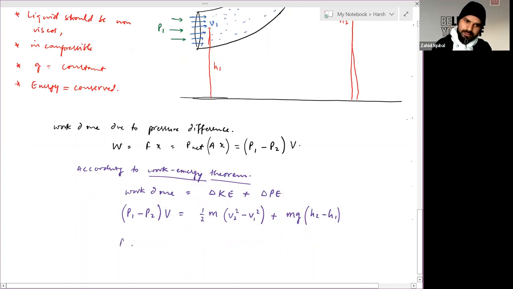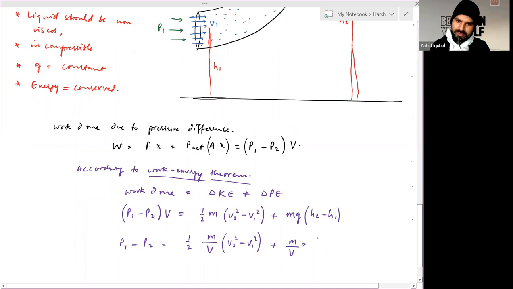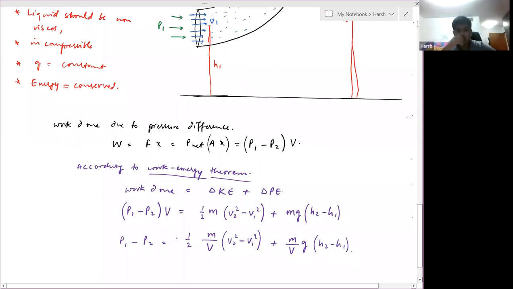Now move this volume part to the right side. So you'll get P1 minus P2 equals half m divided by volume times (V2 square minus V1 square) plus m divided by volume times gravity times (H2 minus H1). Is it clear? Yes, sir.